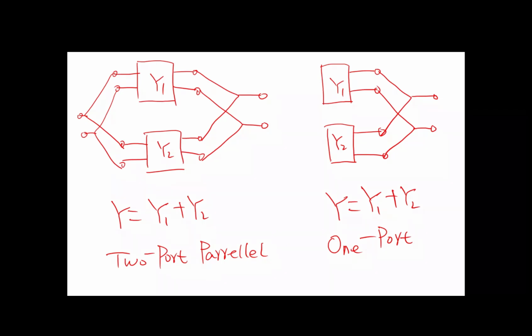They are similar. Pay attention, if inside is a resistor, it is just the common parallel we have learned before. This is Y1, this is Y2. So this is one-port parallel, this is two-port parallel. This is the difference between them.